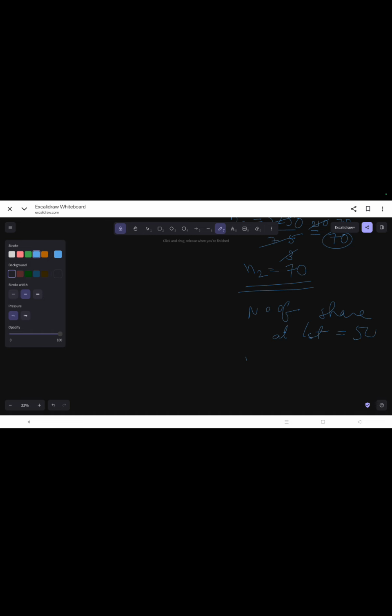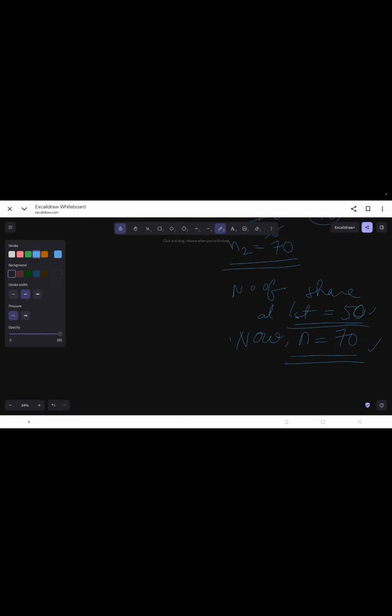Govind buys 50 shares. So firstly I bought 50 shares, but if I increase my income, now I am buying 70 shares. What are the extra shares I am buying? 70 minus 50 is 20.